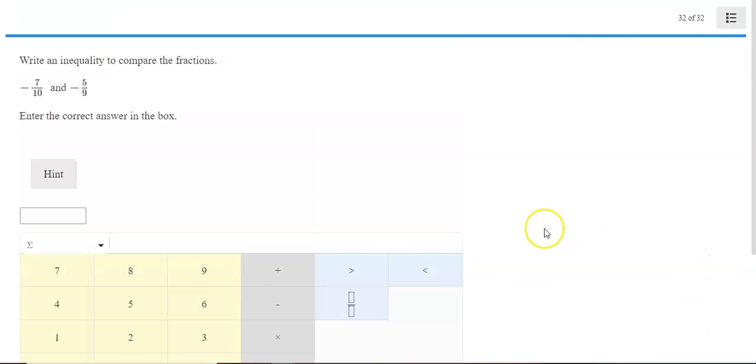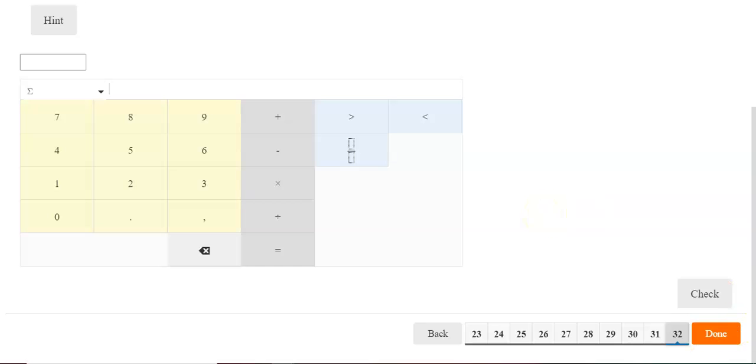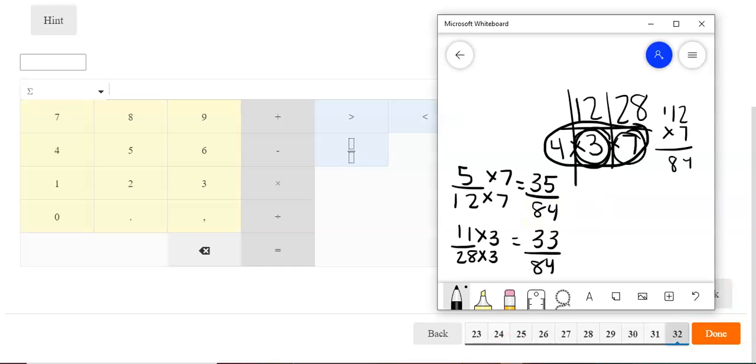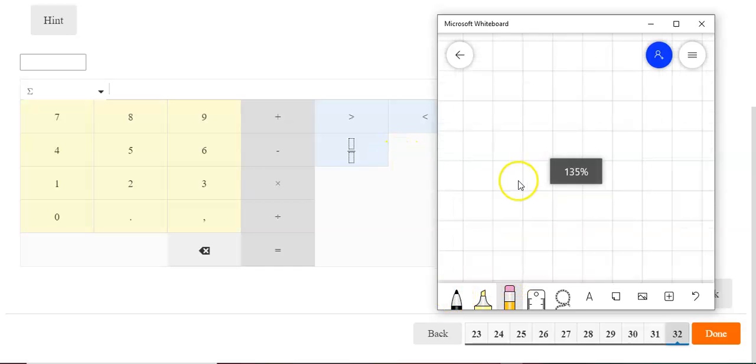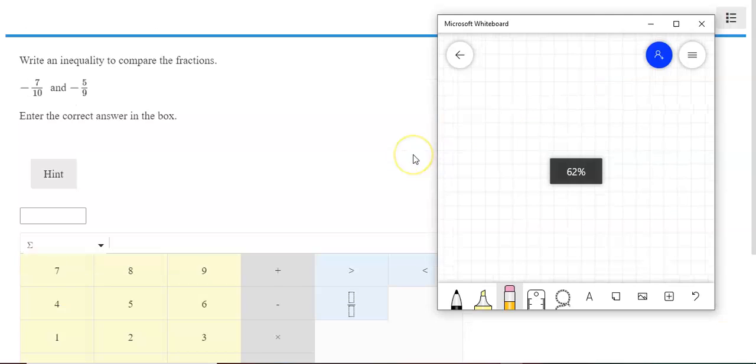And then our last one, -7/10 and -5/9. We have 10 and 9, and that's going to be 90 because I can't do anything with that.